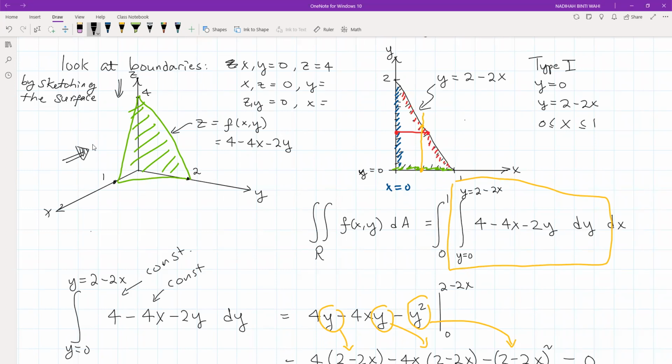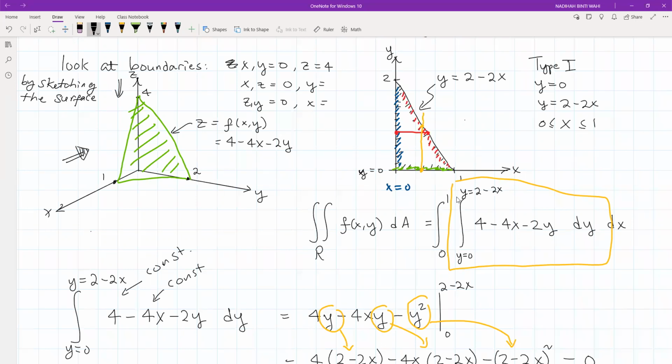Okay. In this case, you can see that it's not a problem in which direction, because at every direction the projected area will always be a triangle. The only problem is what kind of equation of that triangle that you are going to solve.